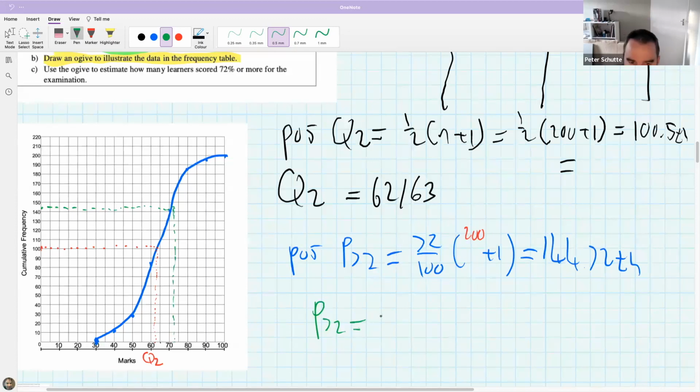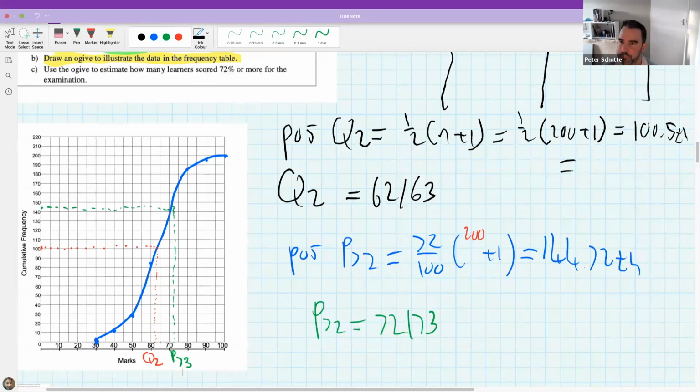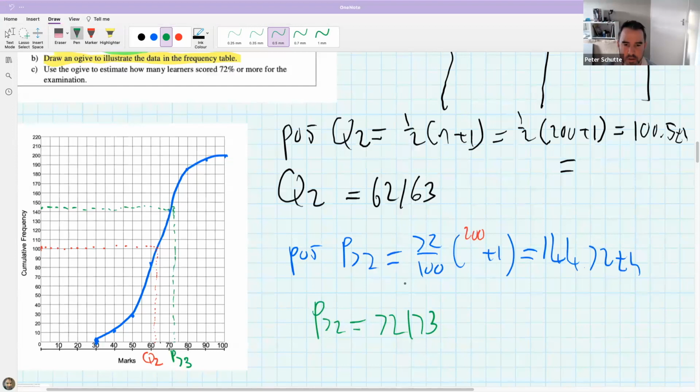So it's actually going to be like 72, 73 in terms of its value. So that is the 72nd percentile. Okay, so that's another type of extended question that they can ask you.